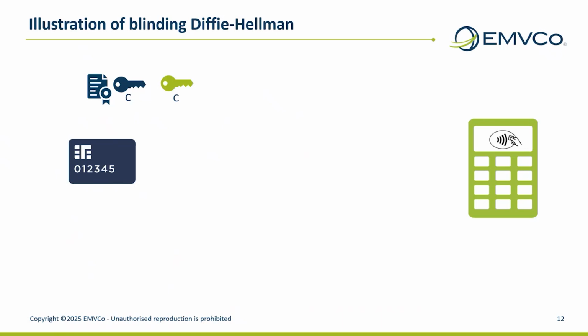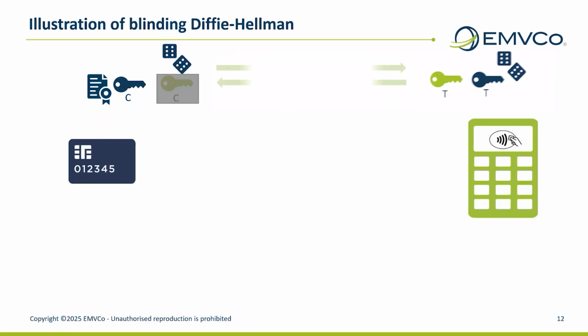So in this illustration of blinding Diffie-Hellman, we begin with the card on the left having a certified public key pair, and the terminal on the right has nothing. At the beginning of the transaction, the card multiplies its public key by a 32-byte random number, the so-called blind, and the terminal generates a random ephemeral key pair.